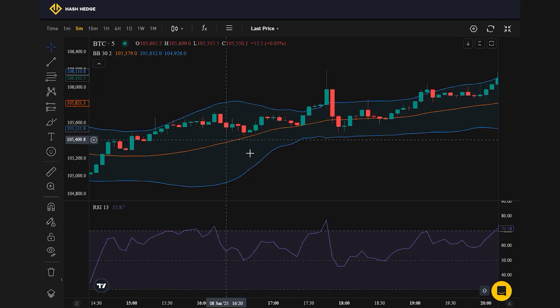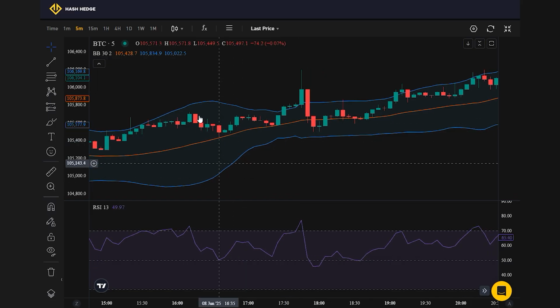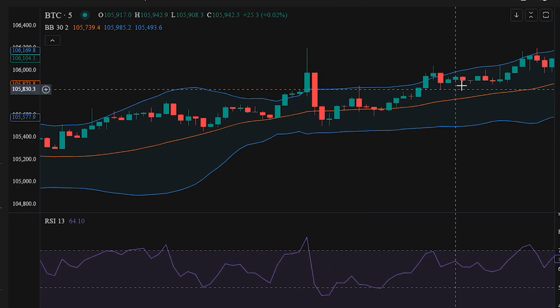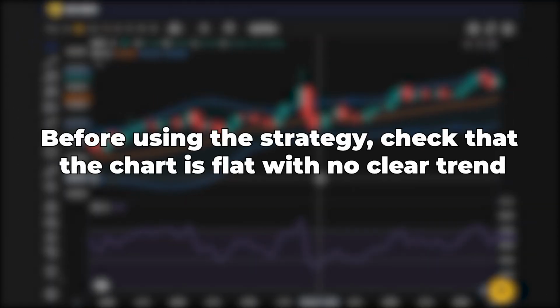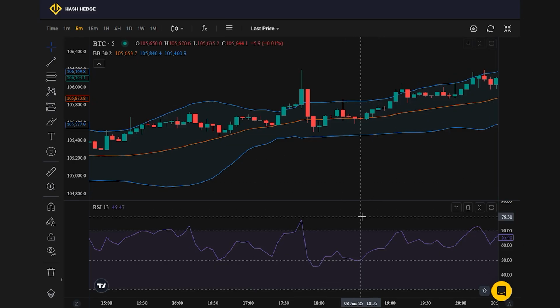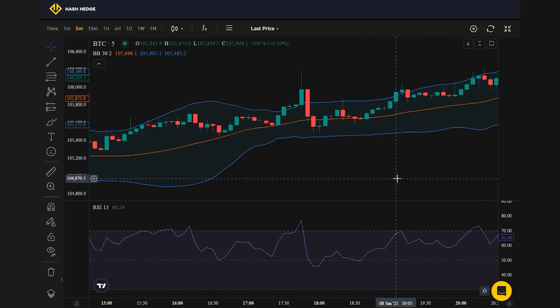The strategy shows itself best in a flat market, when there is no clear trend, when we have price fluctuations up and down between support and resistance levels. Under such circumstances, the strategy will yield very high performance. So before you trade the strategy, make sure there is no clear trend on the chart. We are only looking for flat charts, and after that, we can move on to trading this strategy.